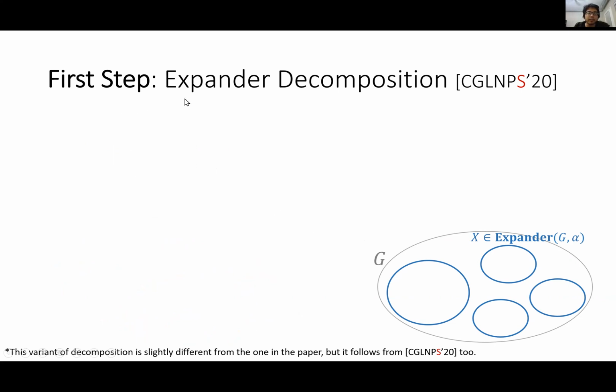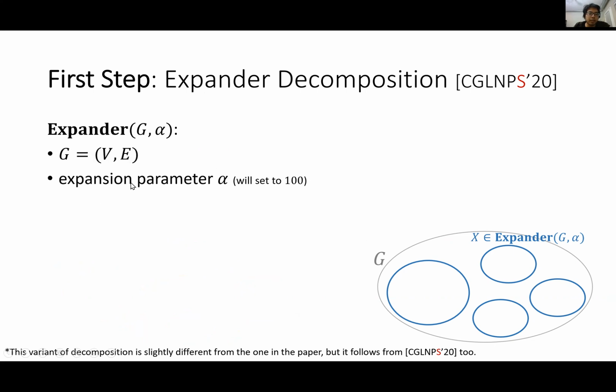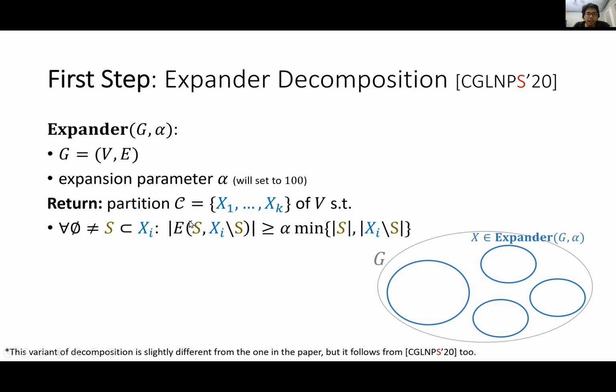So the first step is to do something called expander decomposition. And this is the following procedure. You are given a graph and an expansion parameter alpha, which we will set to be something like 100. Now it will return a partition C, a partition of the vertices V. Each part, I call it X, for expander.